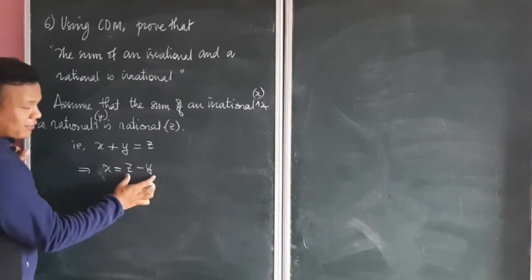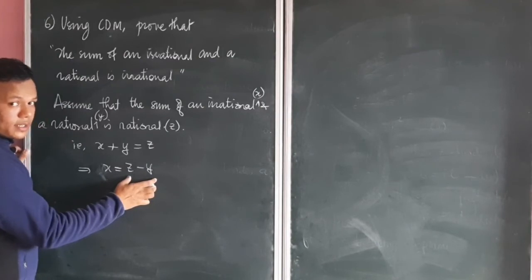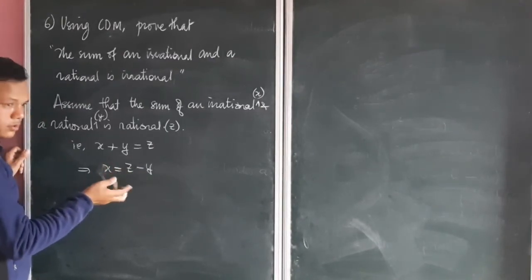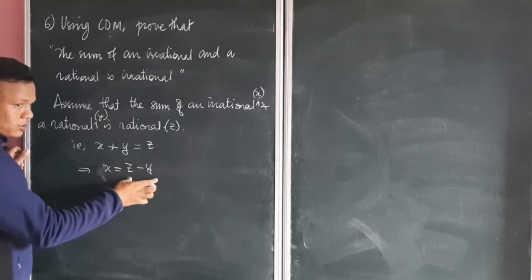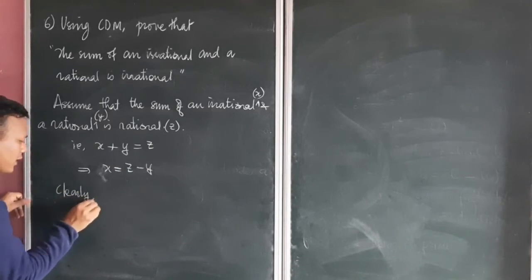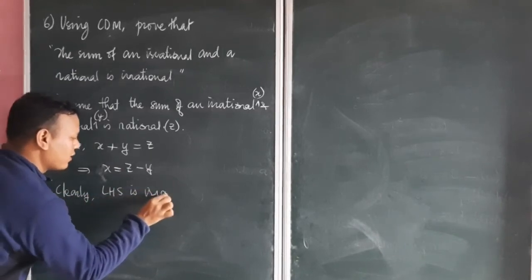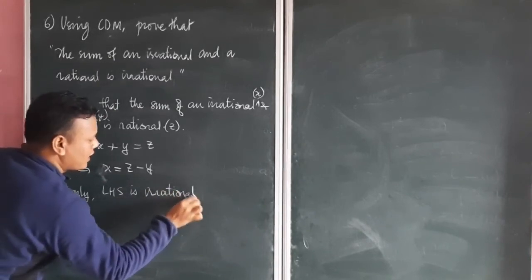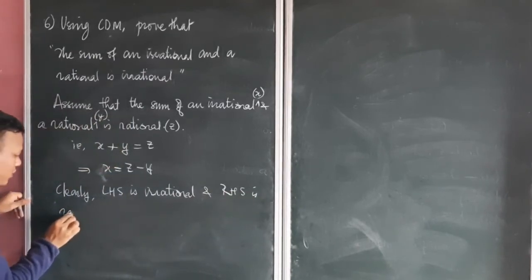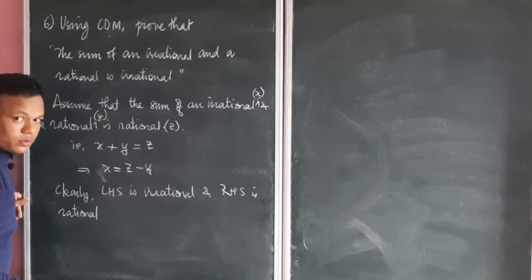So here left hand side is irrational and right hand side is what? Right hand side is rational, which is just opposite. So clearly left hand side is irrational and right hand side is rational, because the difference of rational numbers will be rational.